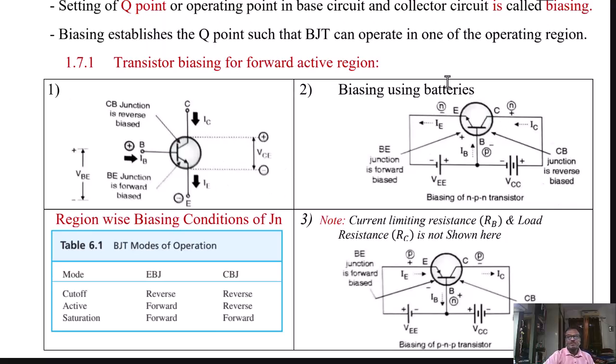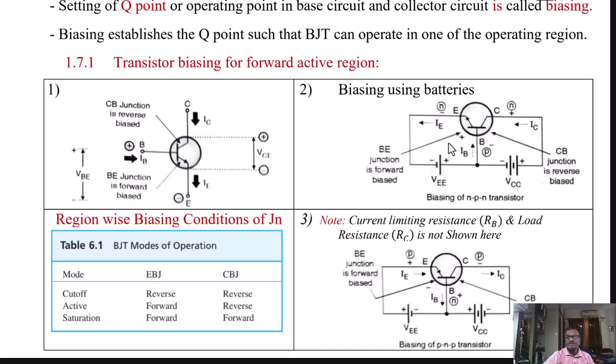Now, the biasing can be done by using the batteries shown in this circuit. For the sake of simplicity, the current limiting resistance components are not shown in this diagram. Here we are using the NPN transistor, and let us suppose that we want to bias the device in the active region.